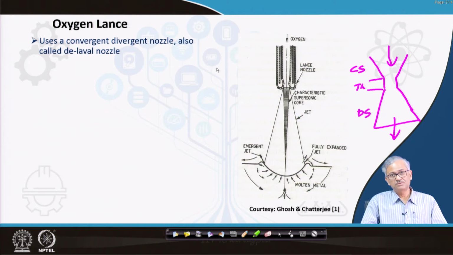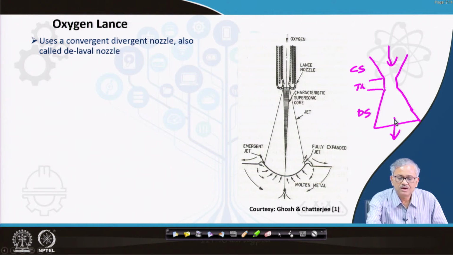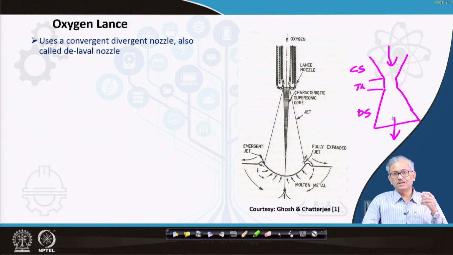But in the case of the convergent-divergent nozzle, because of this design, when the gas comes out, the pressure of the oxygen coming out of the diverging section can be controlled to 1 atmospheric pressure.